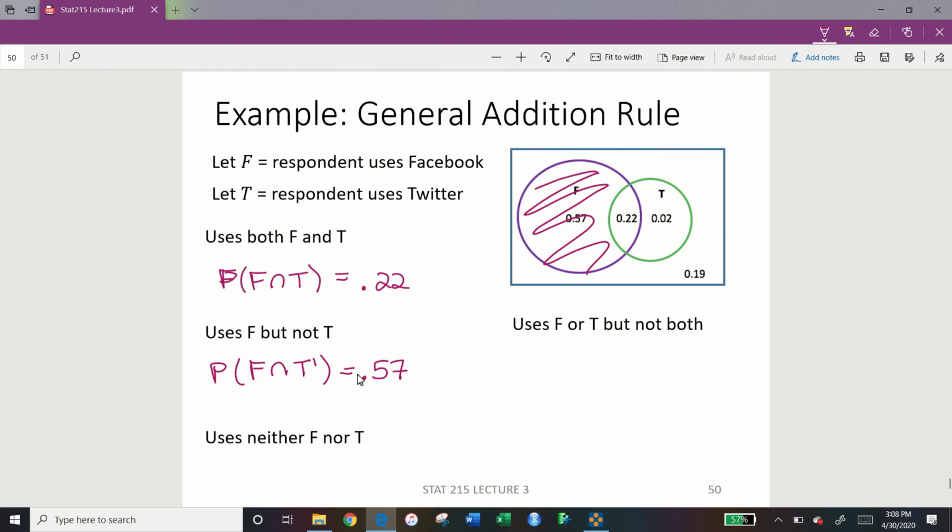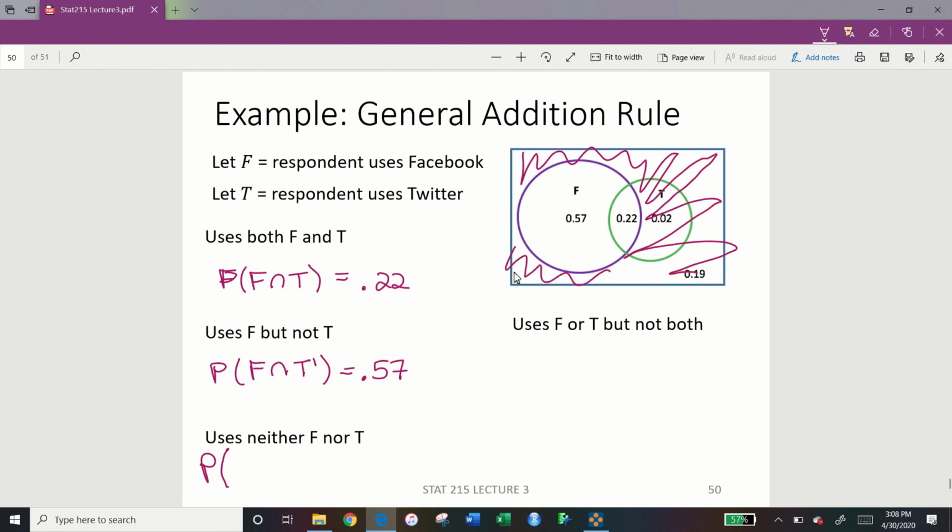We want the neither Facebook nor Twitter. So, if we need to do this visually, uses neither Facebook, meaning not Facebook, and also doesn't use Twitter.